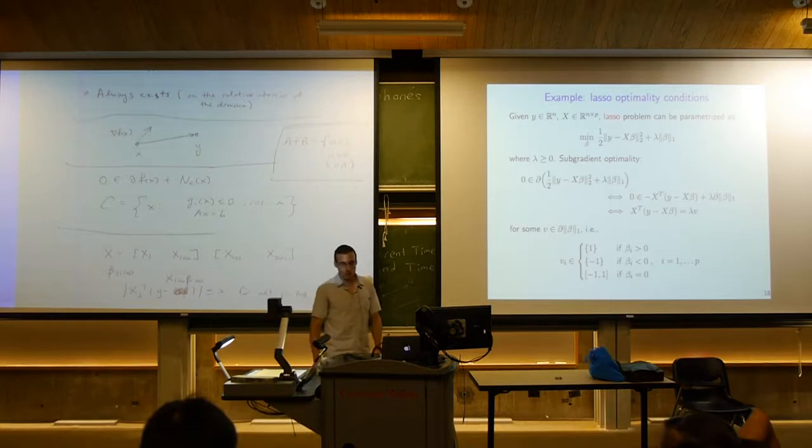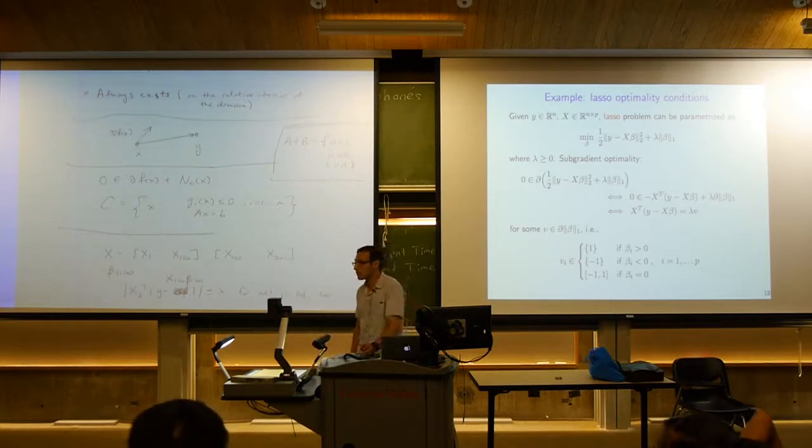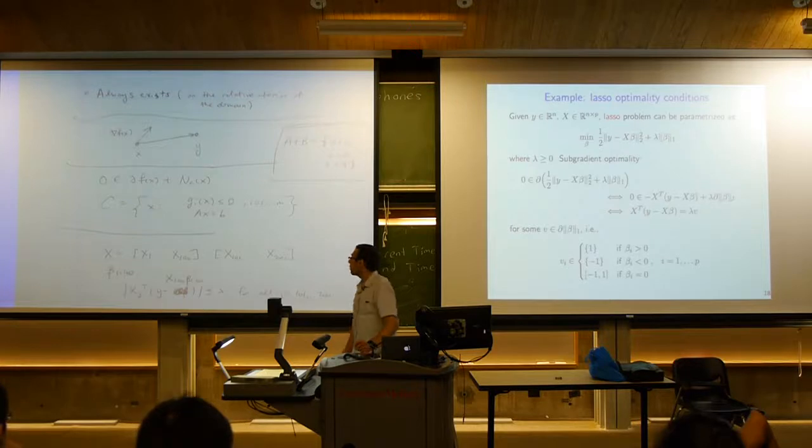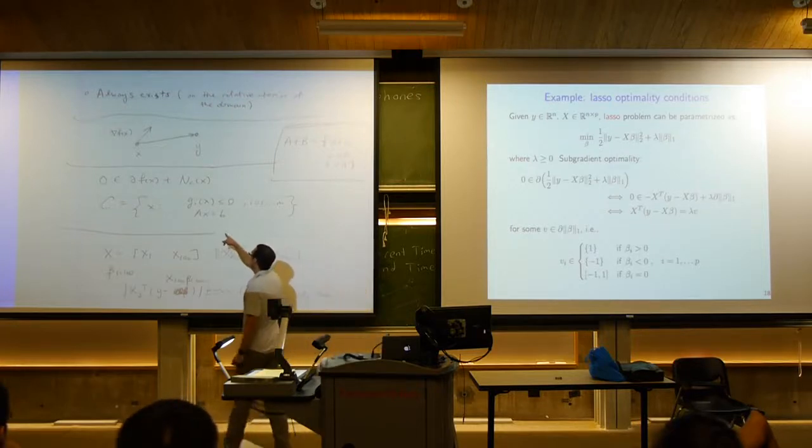Isn't the normal cone mostly a null set if the point is inside your set? It's the set containing 0 if the point is inside the set. Yeah. So, and mostly the minima will not lie at the boundary of the set, or that would be strange. No. This is a constraint set, right? So actually, most often it does.